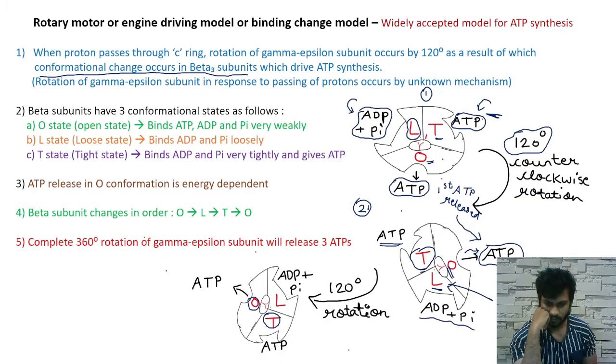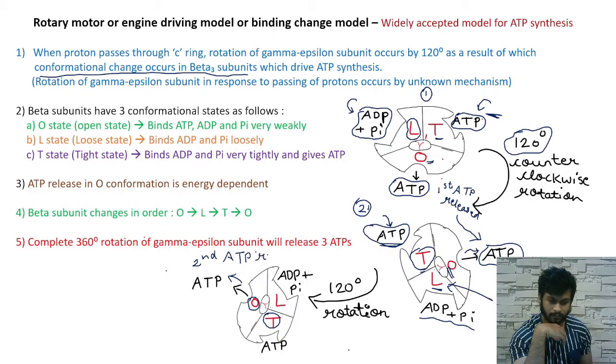Now previously in the place of T, ATP was there. Due to rotation, the conformation of this T state has changed to O, due to which this ATP will get released. So in 240-degree rotation, this is the second ATP which is getting released.